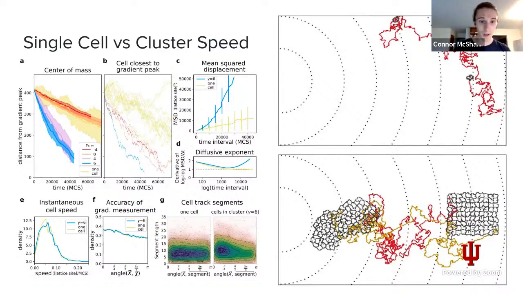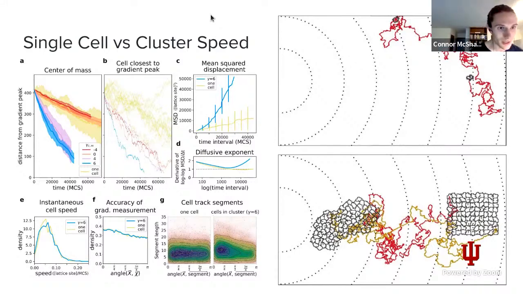So I'm not going to go into all these plots in a ton of detail, but I'm going to point out a few key things. So first of all, on plot A, gamma here is the adhesion strength, which they are calculating by taking the contact energy of the cell and medium minus the cell and cell, divided by 2.